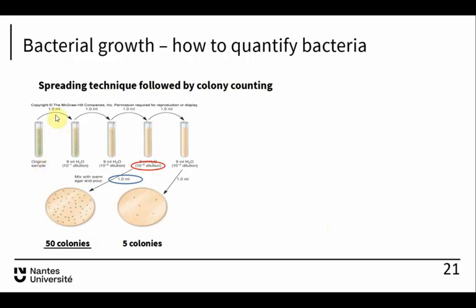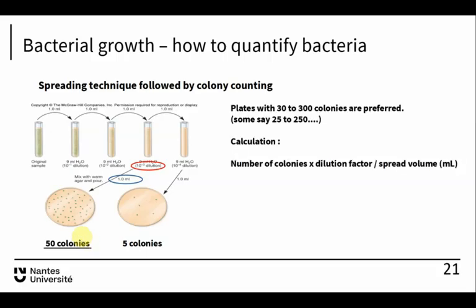So here you've got 1 ml pipetted into 9 ml of water, a 10-fold dilution, and 1 ml of that comes out, so you get serial 10-fold dilutions. Then in this example, they mix 1 ml of each of these dilutions together with 9 ml of agar and pour it out. Put it in the incubator, and then here you have 50 colonies that have grown up. Here you've got 5 colonies.